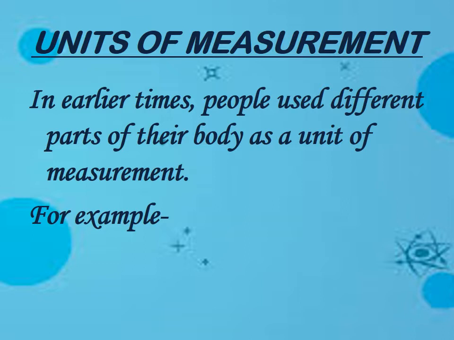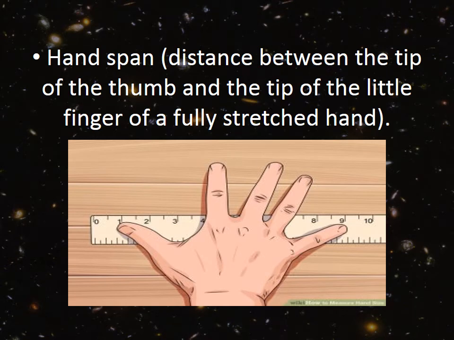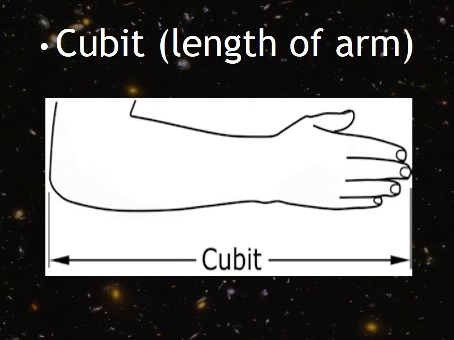Units of measurement. In earlier times, people used different parts of their body as a unit of measurement. For example, handspan: the distance between the tip of the thumb and the tip of the little finger of a fully stretched hand. Cubit: the distance between the elbow and the tip of the middle finger.